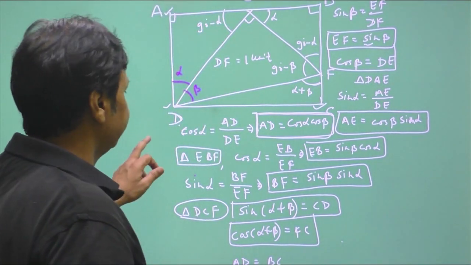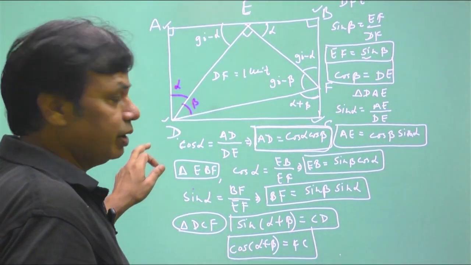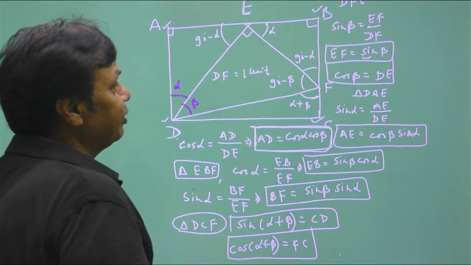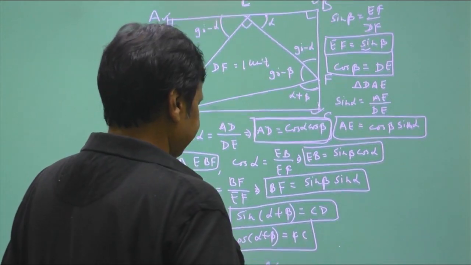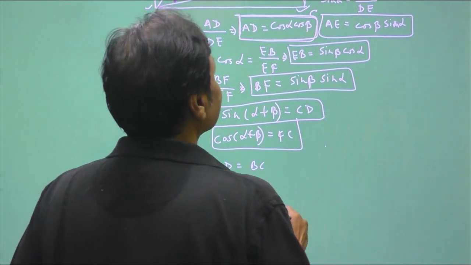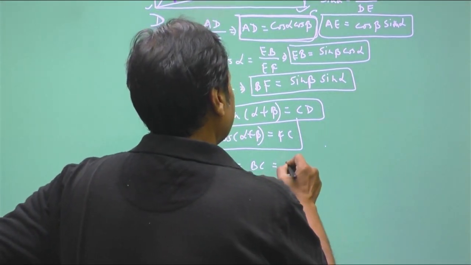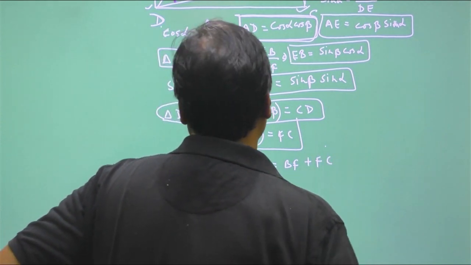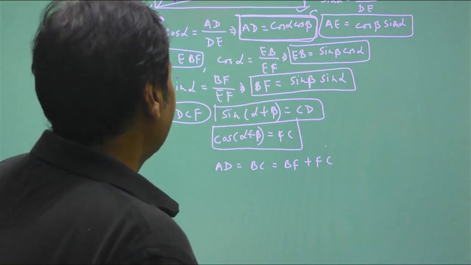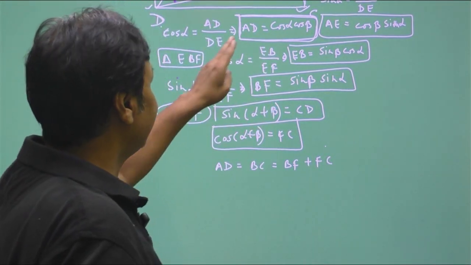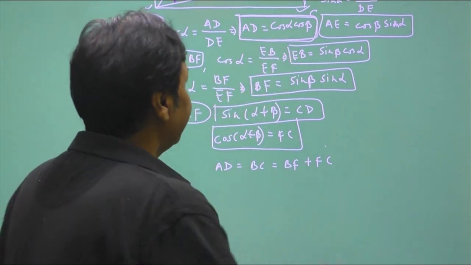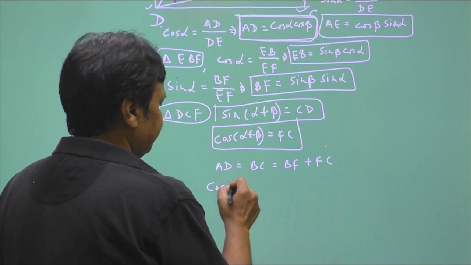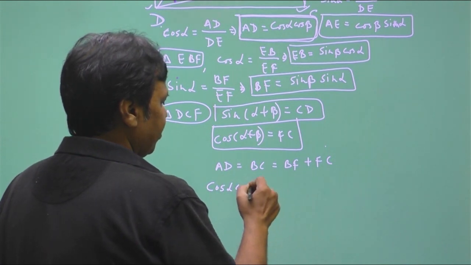Here you can see AD is equal to BC, and BC is equal to BF plus FC. And I have a value for AD. AD is cos alpha cos beta. Right? AD equals cos alpha cos beta.